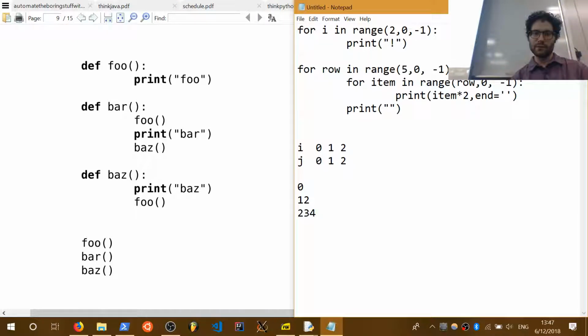Okay. So let's break it down one function call at a time. Foo, you print out foo. Bar, okay, what do we do for bar? Bar calls foo, so we print out foo again. Then bar, and then we call bos.